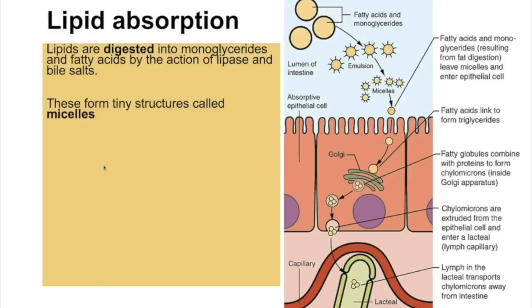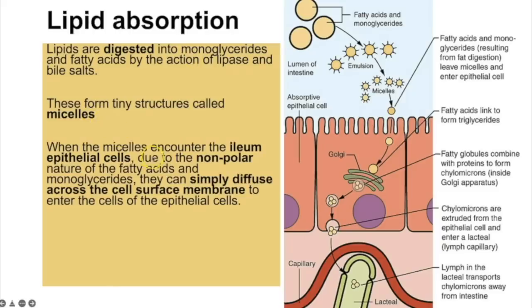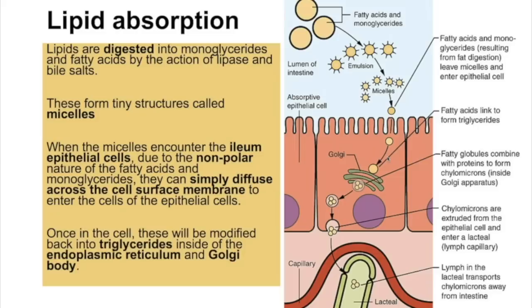So lipids are digested into monoglycerides and fatty acids by the action of lipase and the bile salts. And that is how we create these tiny structures, which are the micelles. When the micelles encounter the ileum epithelial cells, due to that non-polar nature of the fatty acids and monoglycerides, they can simply diffuse across the cell surface membrane to enter the cells of the epithelium.